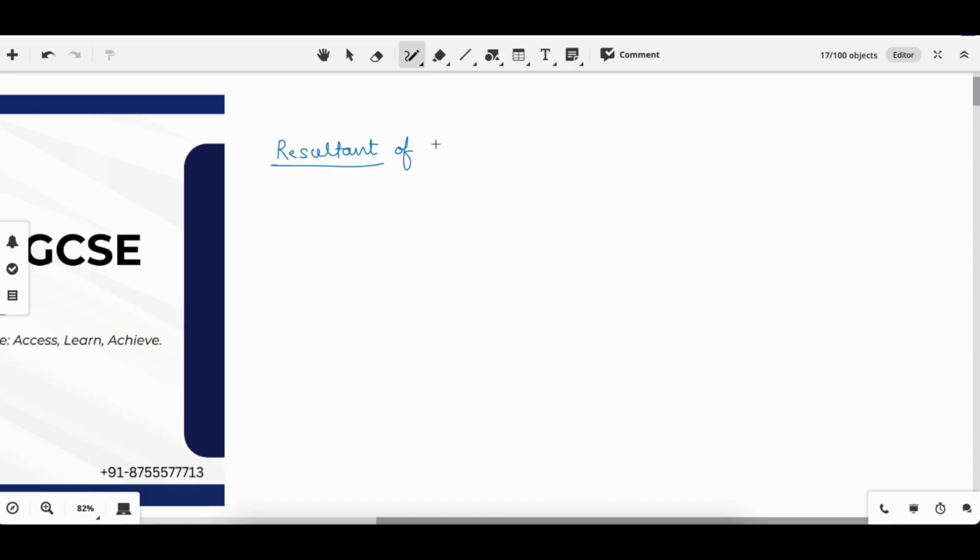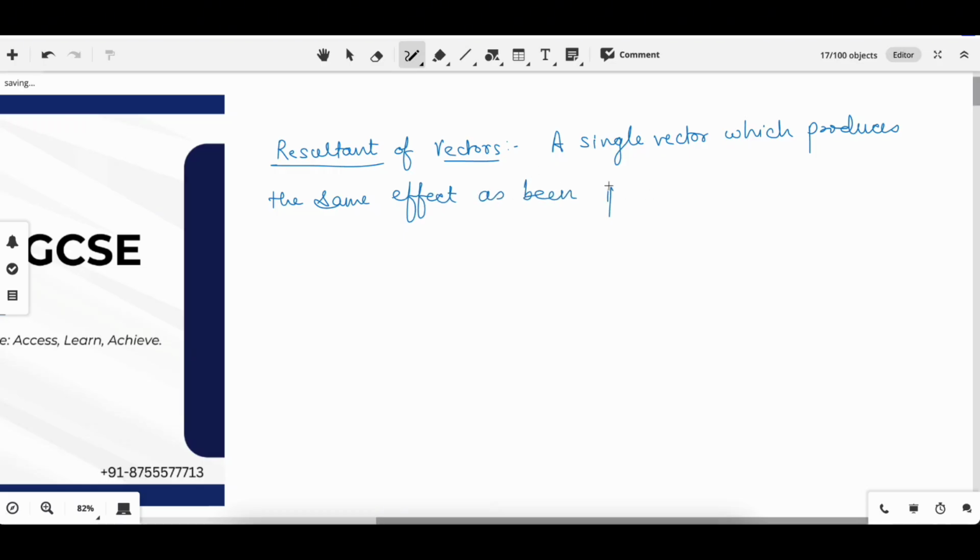So when I'm talking about the resultant of two vectors, it is a single vector which produces the same effect as being produced by the vectors collectively. Now, what does that mean?